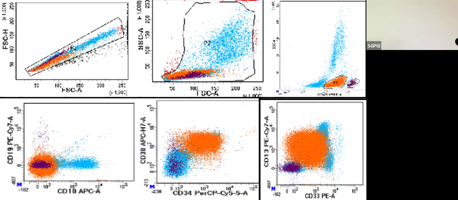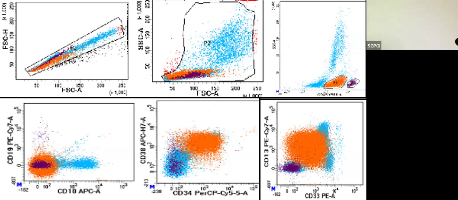So again, my abnormal population, these are my lymphocytes. These are my abnormal population. What are these positive for? Negative for 10, 19, positive for 34, 38, 13, 33, both positive. What can it be? We have not seen any T markers yet, right?